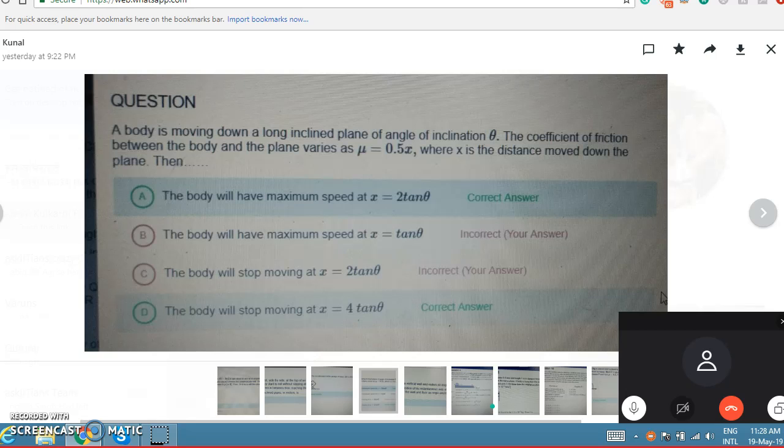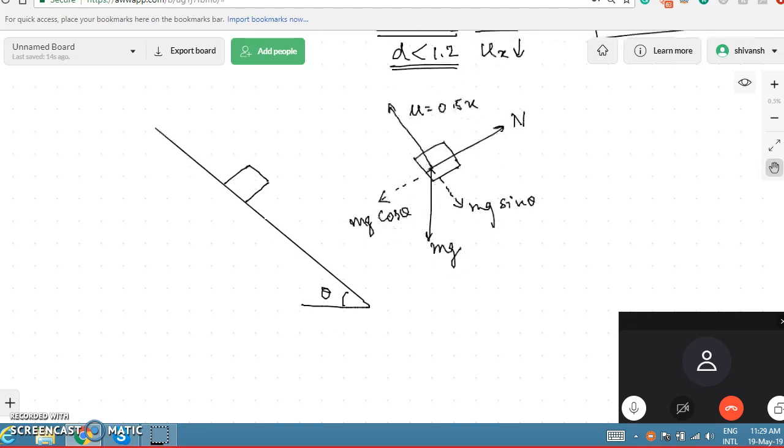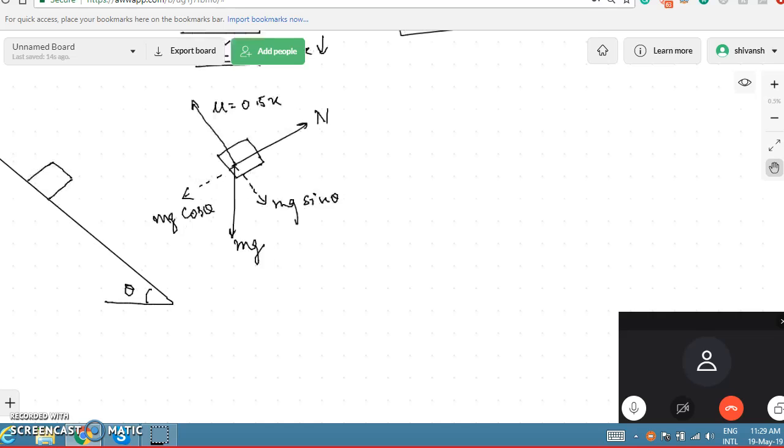The coefficient of friction between the body and the plane varies as mu is equal to 0.5x. Okay, so we have a variable friction force. Wow, amazing. Mu is equal to 0.5x, which means that when the body will start, it will act like a frictionless surface, but after some time it will start providing some problems toward motion, right?